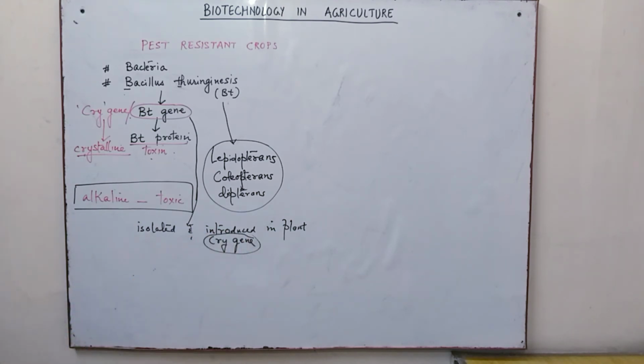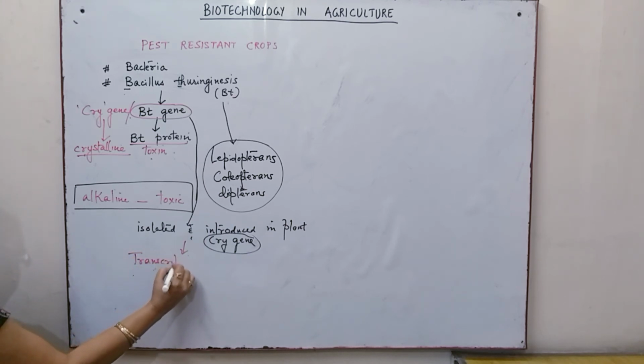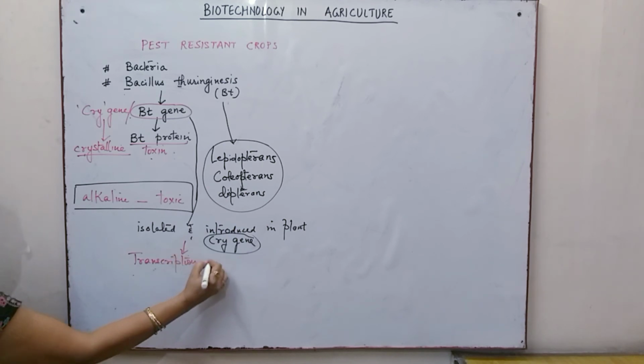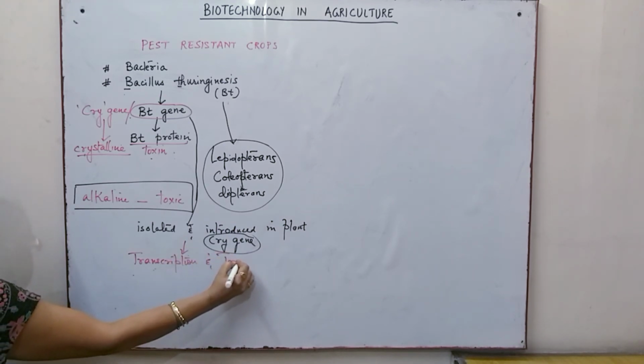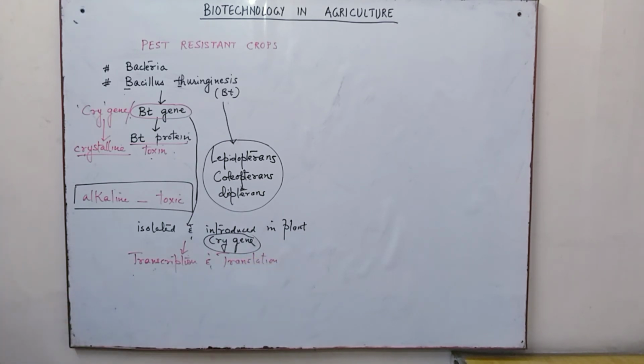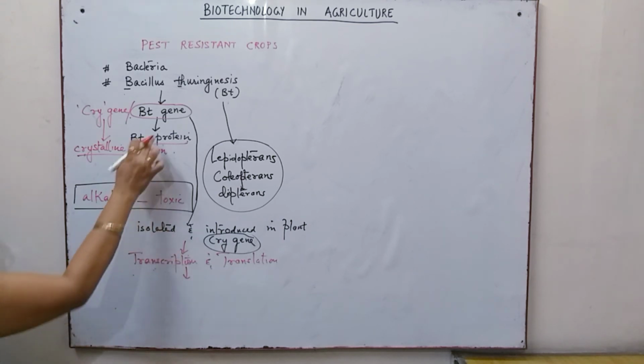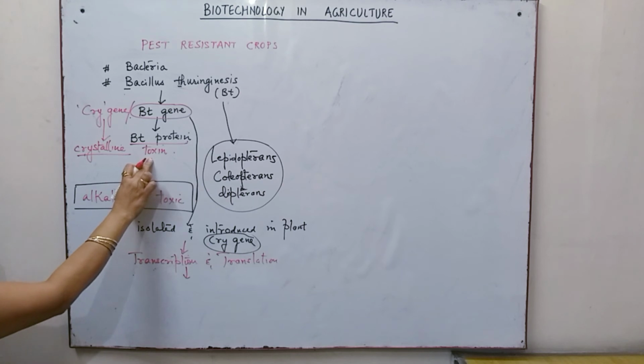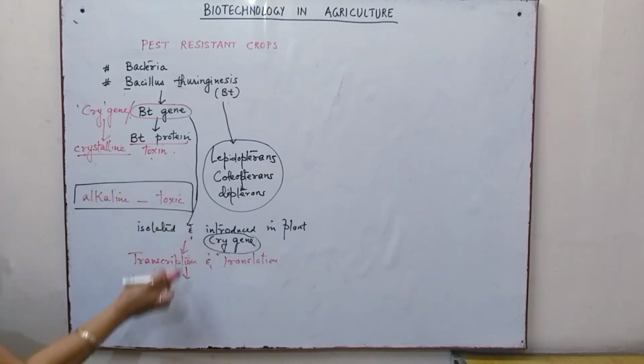Once it has been incorporated into the plant, the processes of transcription and translation happen. Now this transcription and translation causes the synthesis of the Bt protein or the toxin protein inside.